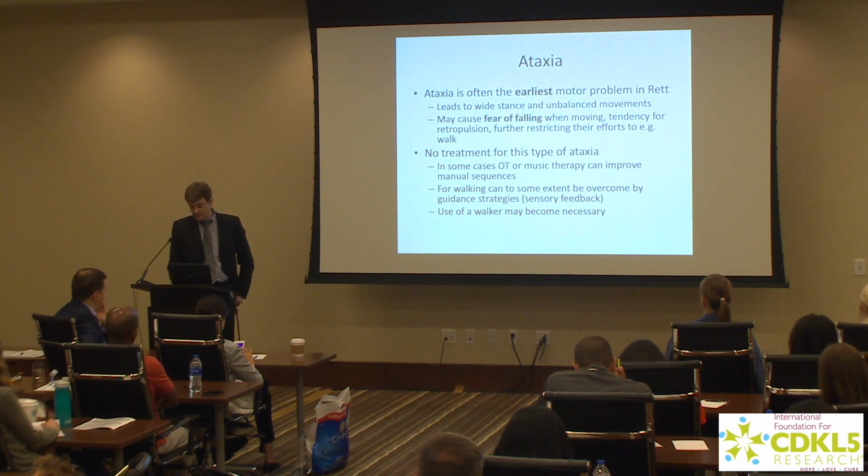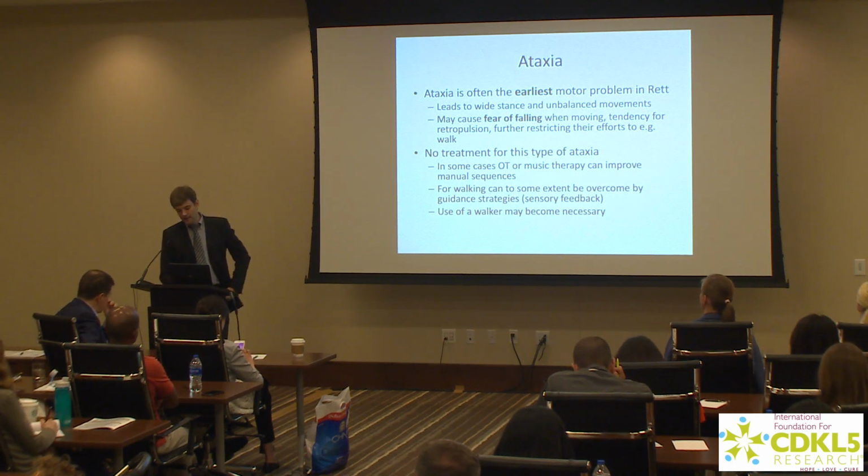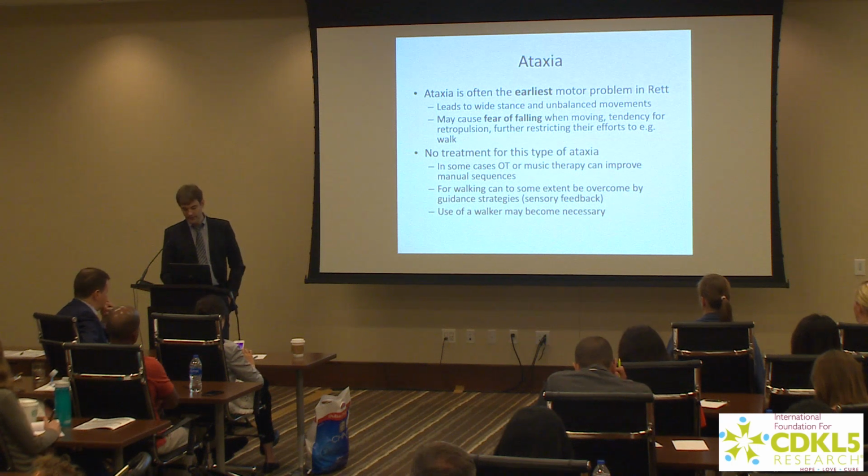There are some therapy-based treatments to improve the fluidity and the targetedness of a movement. For instance, in occupational therapy, music therapy can sometimes improve manual sequences. And for walking, guidance strategies may help, but you can't correct the underlying ataxia in these disorders.